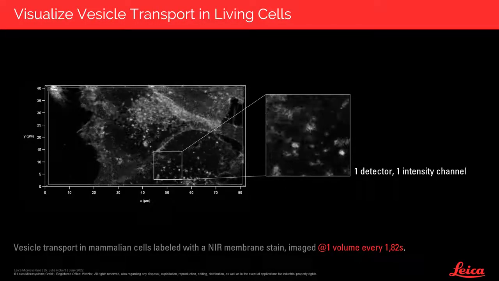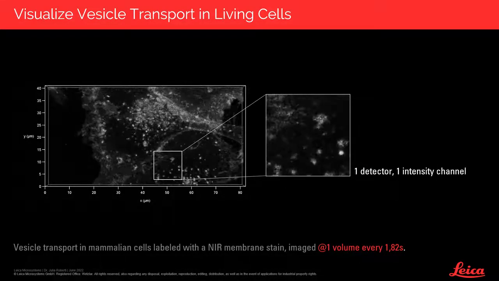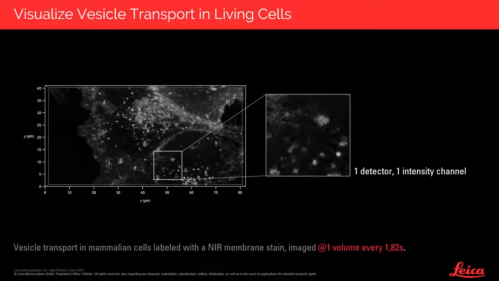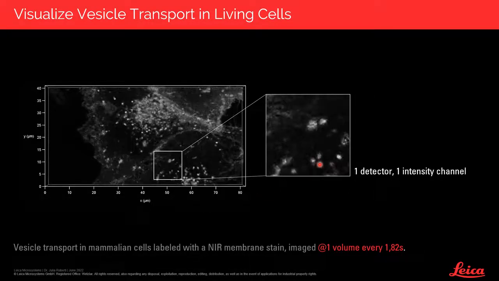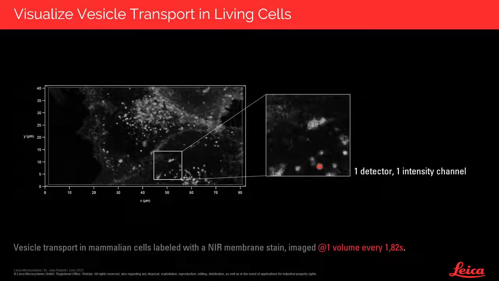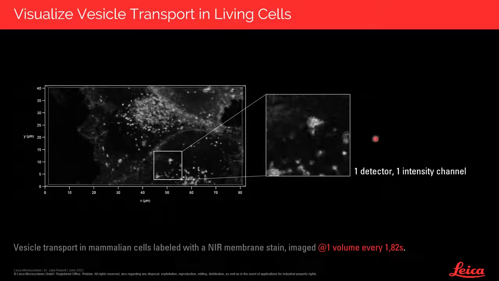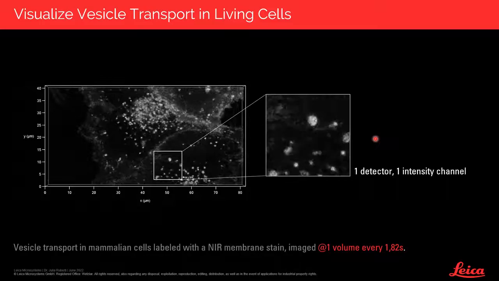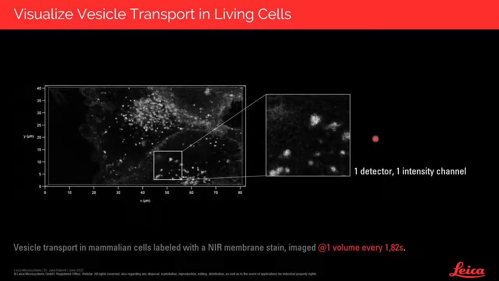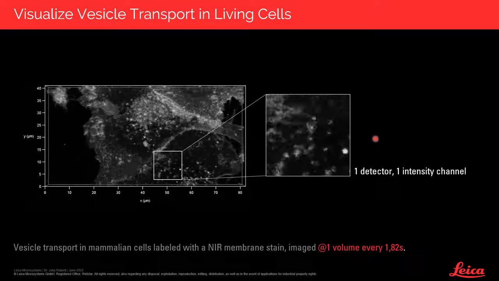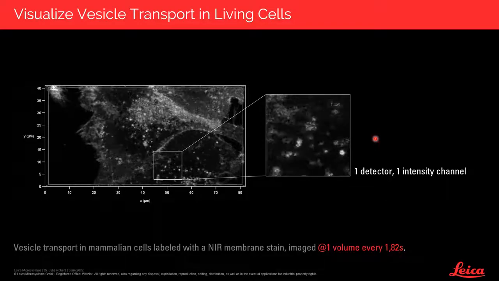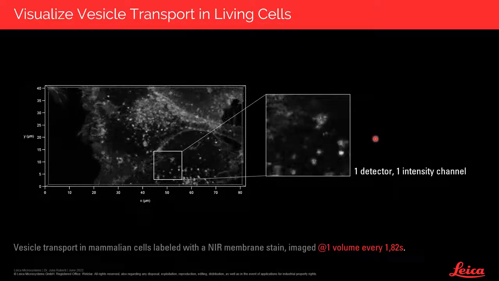So here I have a zoom-in region of the movie, and we can track the vesicles, of course, which we can watch them come closer, even fuse, but that's it. And here is where we have a very special set of tools that kick in, this extra ingredient I was talking about.